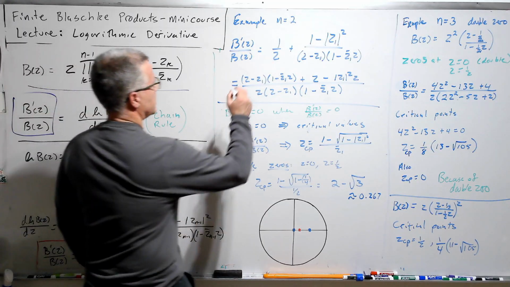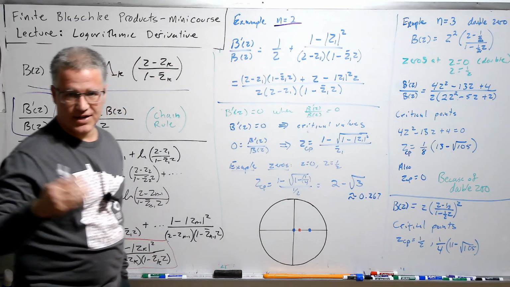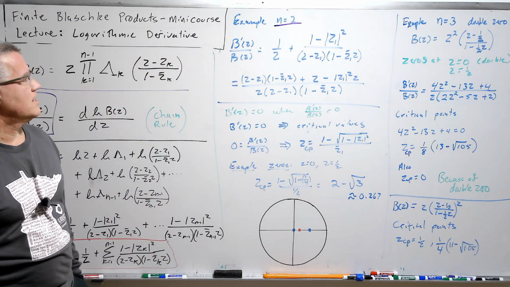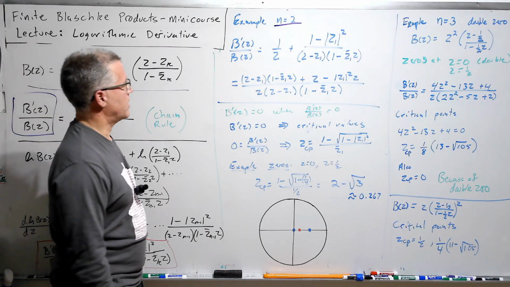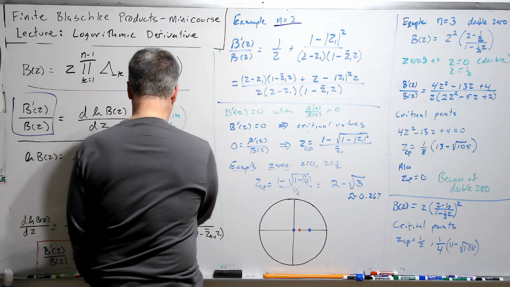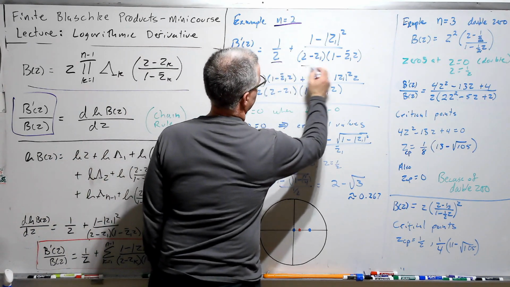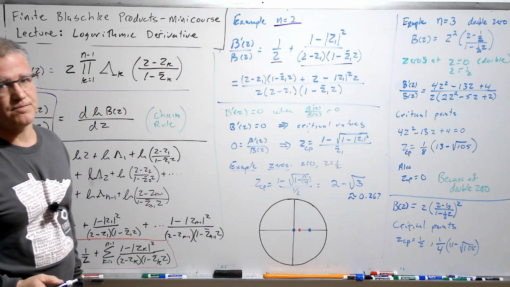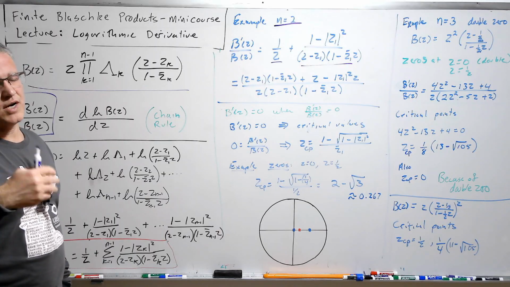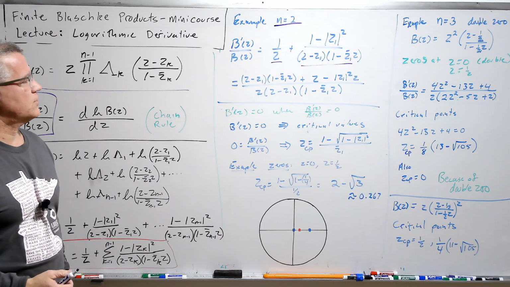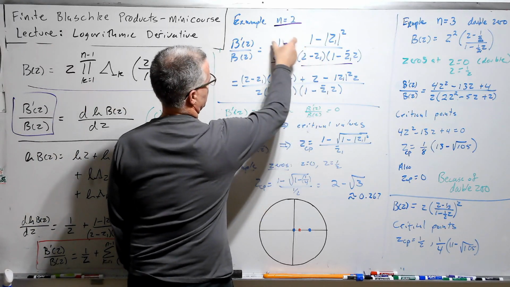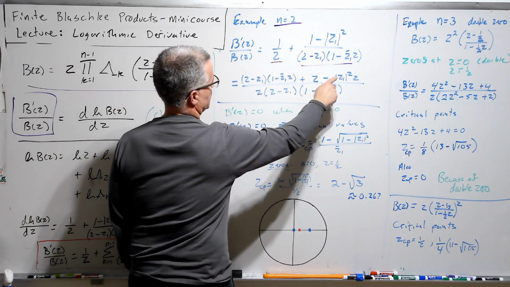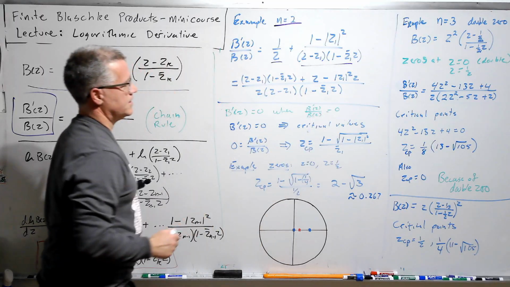So let's take the simplest Blaschke product that isn't just a Mobius transform itself, and that would be a second degree Blaschke product. So by our formula here, we have 1 over z, and then we will just have one term in the sum, because we're summing from 1 to n minus 1, n is 2, so 1 to 1. Now, we put this over a common denominator, so we'll multiply this up, multiply this over, and we get this.